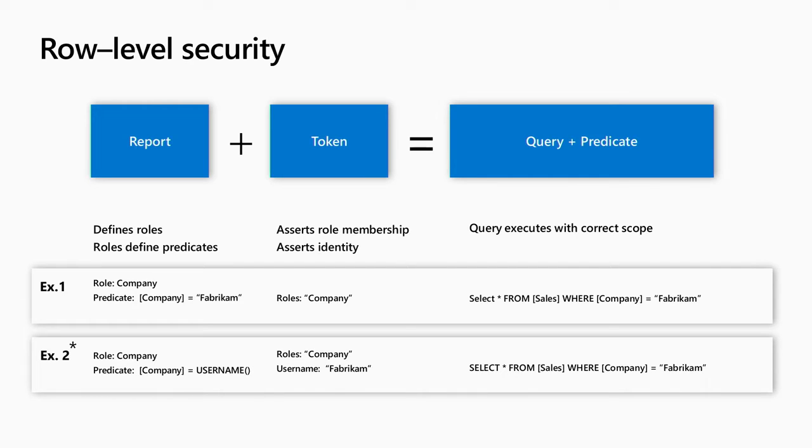We have two forms of doing that in Power BI. The first one is called static RLS, which refers to static assignment of users to roles at development time or data construction time. That's static RLS, that's the first one. The second example here is referred to as dynamic RLS.